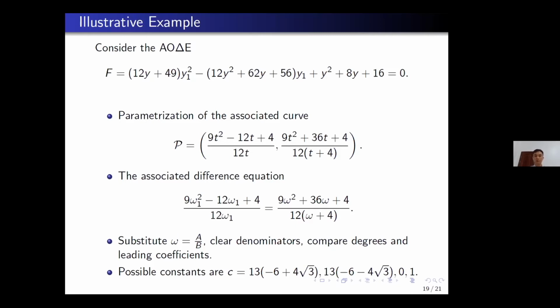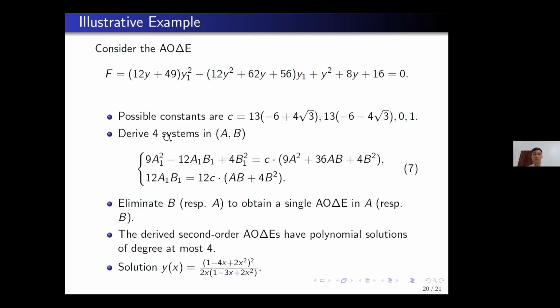We obtain four cases for the constant C, and they come to four different systems like this: denominator equal to numerator, numerator equal to C times numerator, and denominator equal to C times denominator. In each of the four systems, we eliminate one unknown function to obtain a single AODE in the other unknown function.